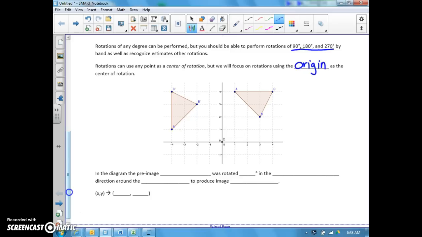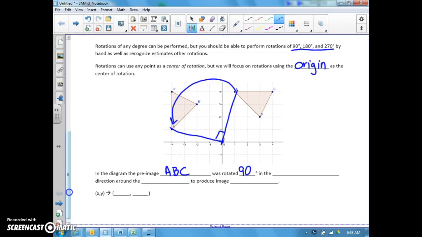So here you can see I have a pre-image, ABC, and it was rotated. If I look, A goes to A prime, that's 90 degrees. If I were to draw the angle that connects those two points, that's a 90-degree angle.